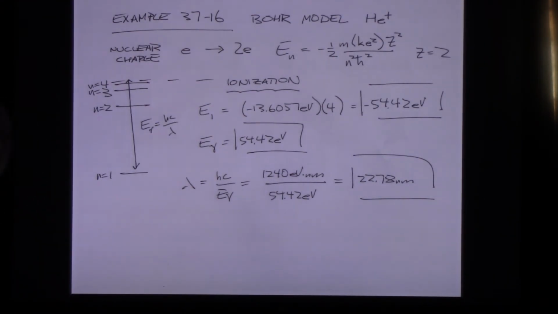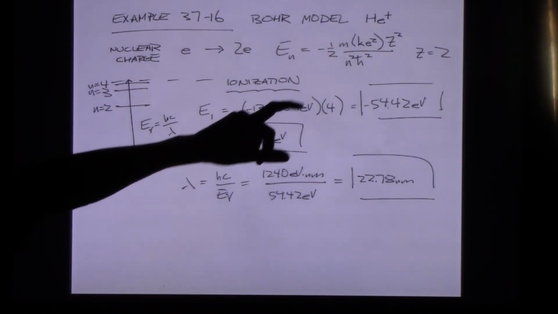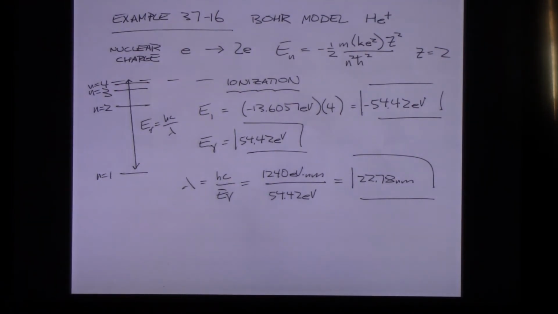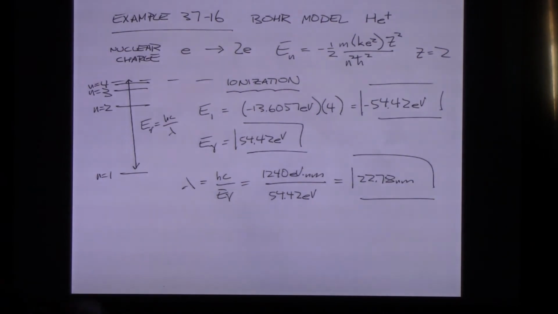Now what we do have to do, if we go back to how the derivation worked, is that the nucleus, instead of having a charge of e, is going to have a charge of Z times e, where Z is the atomic number. Z is telling us how many protons we have in the nucleus. No matter how many protons are in there, the nucleus is still so tiny we can treat it as a point charge, but we do have to take into account the increased amount of charge.